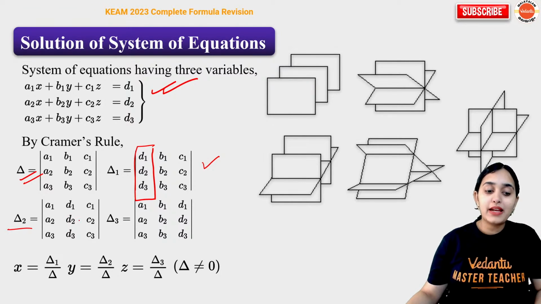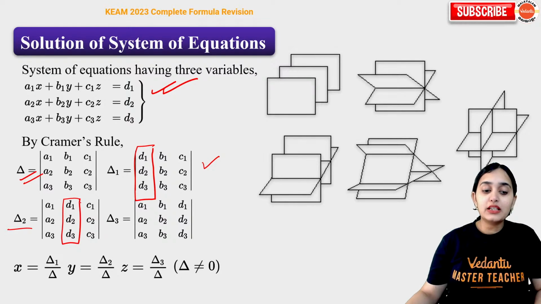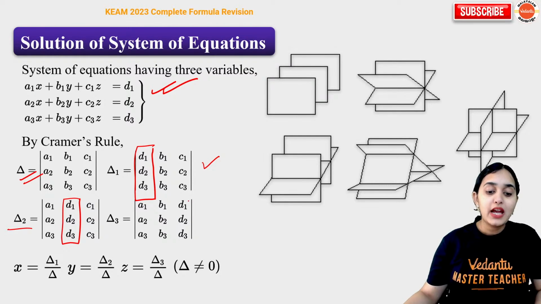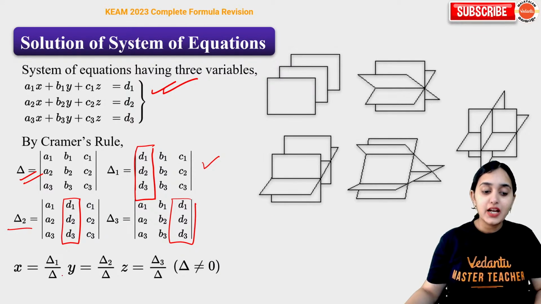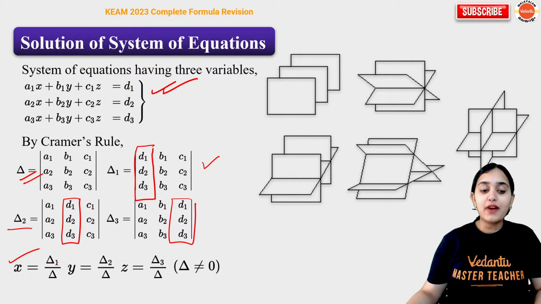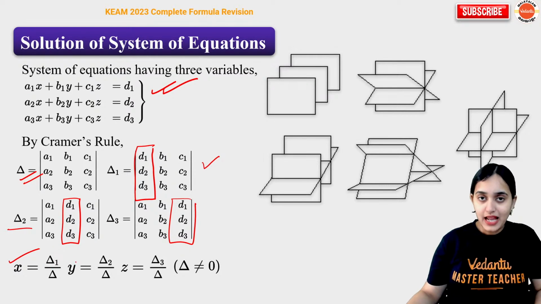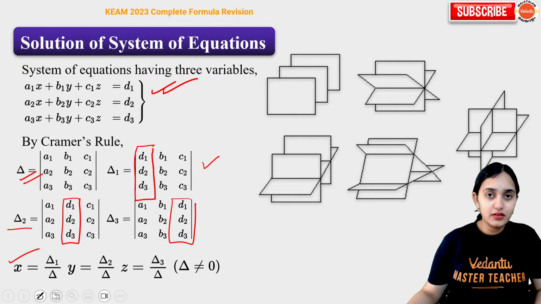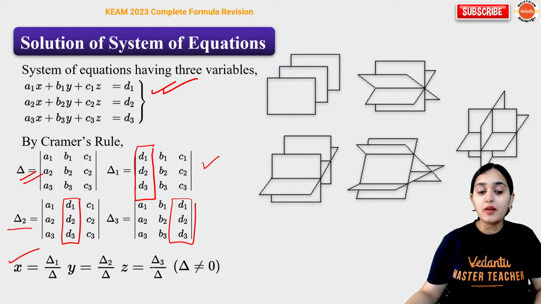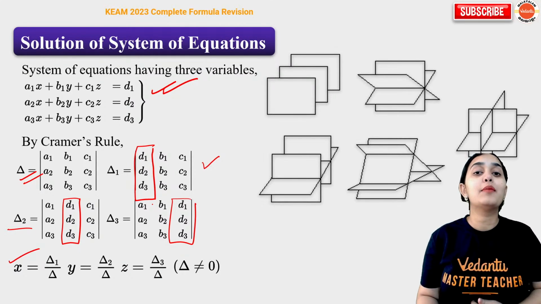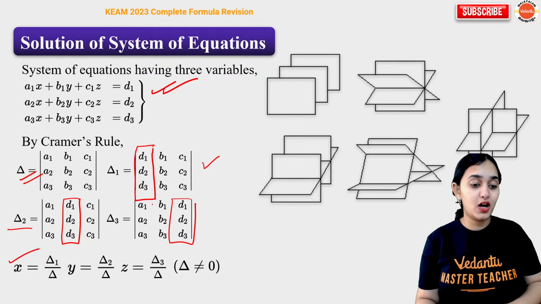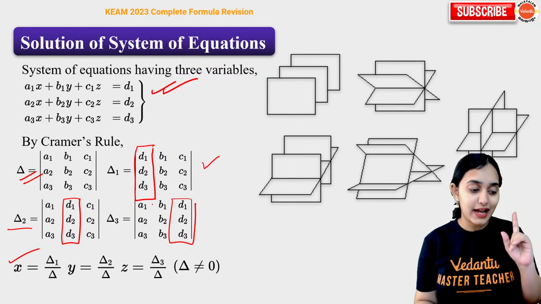Determinant 2 is basically d1 d2 d3 replacing b1 b2 b3, and determinant 3 is d1 d2 d3 replacing c1 c2 c3. Find all of them. Now, the x value is determinant 1 upon determinant, y is determinant 2 upon determinant, and determinant 3 upon determinant will be z, for three planes. I am talking about planes here, not lines.